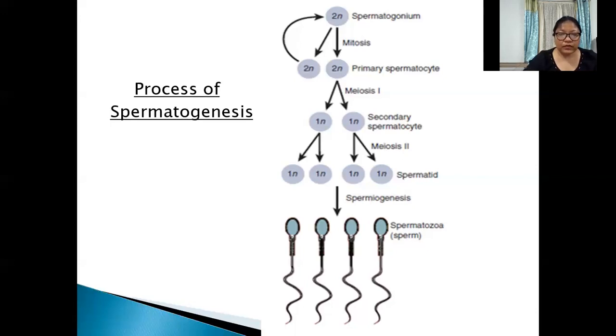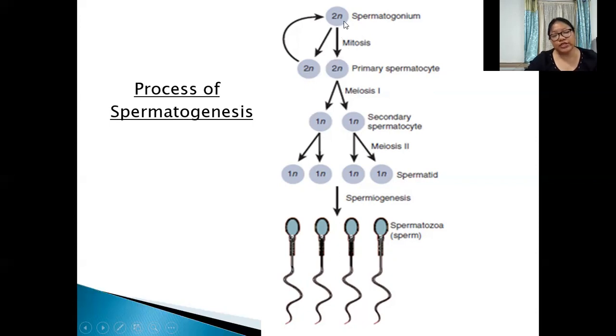Now this spermatogonium will undergo mitosis. What is mitosis? Mitosis is an equational division. Now, why is it important for the spermatogonium to undergo mitosis? Because in mitosis the number of cells produced will increase.